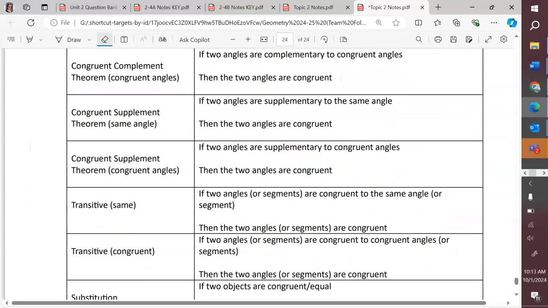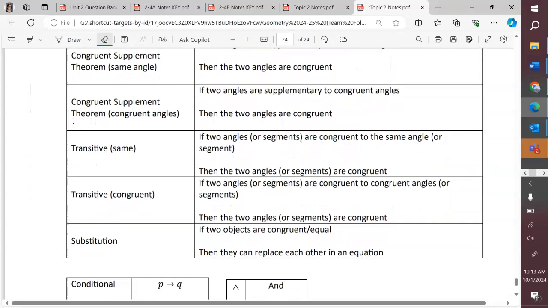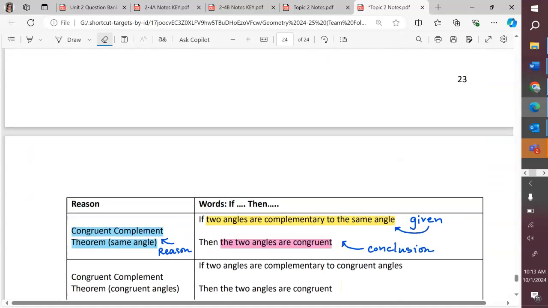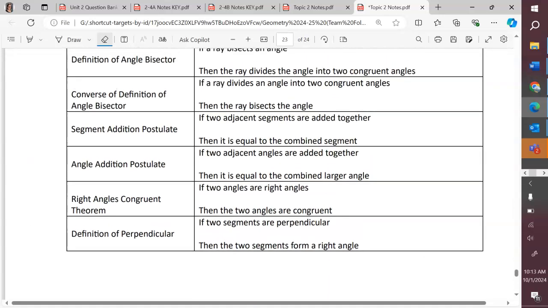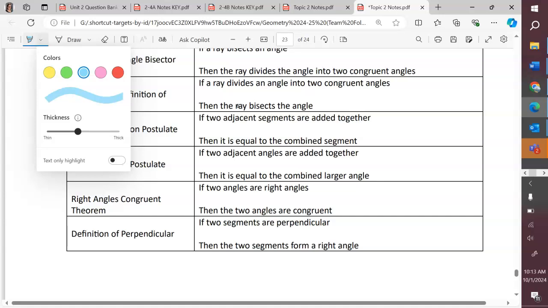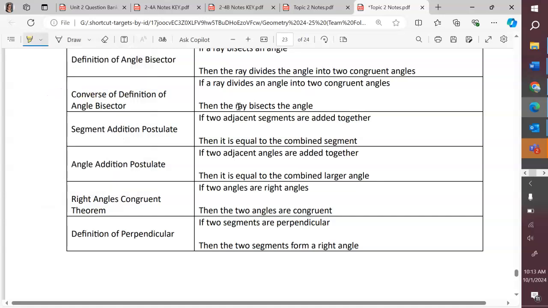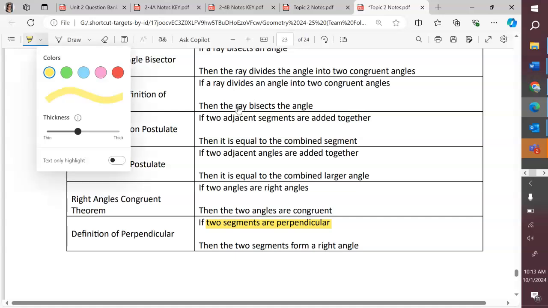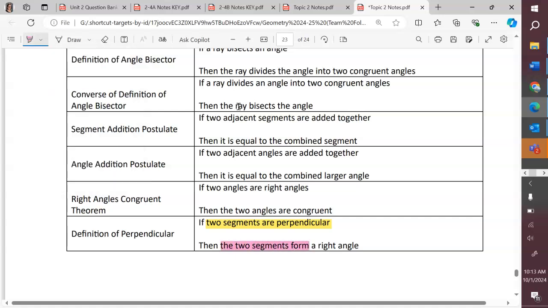So I'm just scrolling through looking for if two line segments are perpendicular. Oh, and I see it right here. So here is my given, two segments are perpendicular, and my conclusion from that is that the two segments form a right angle.